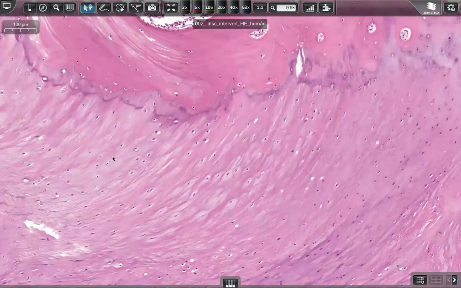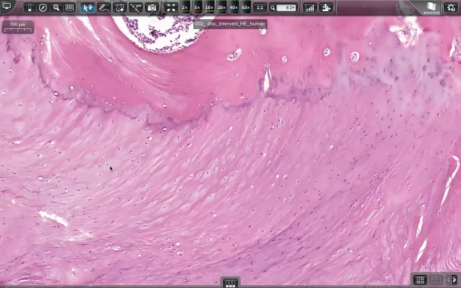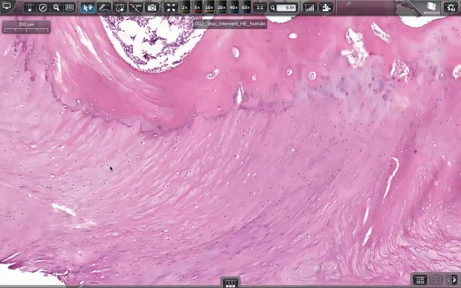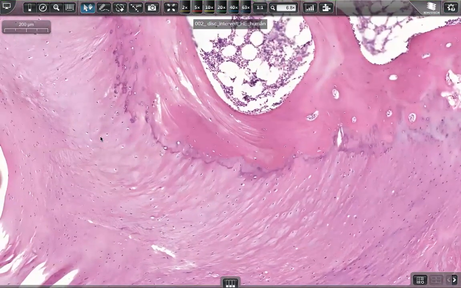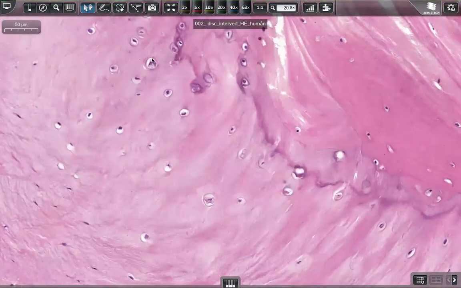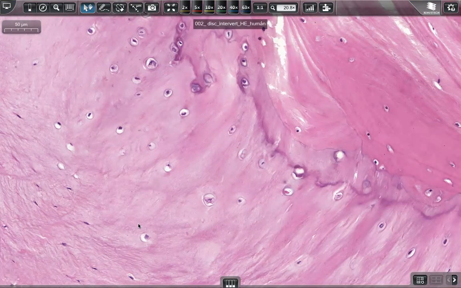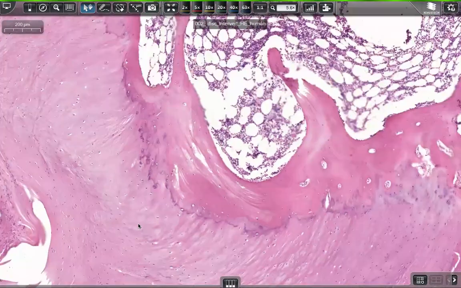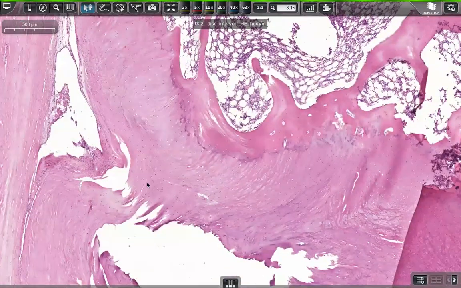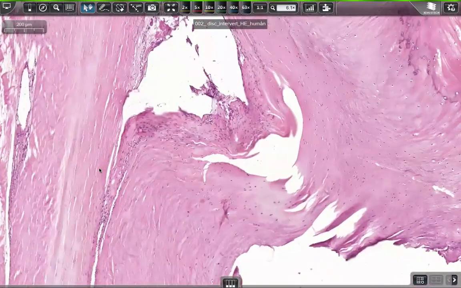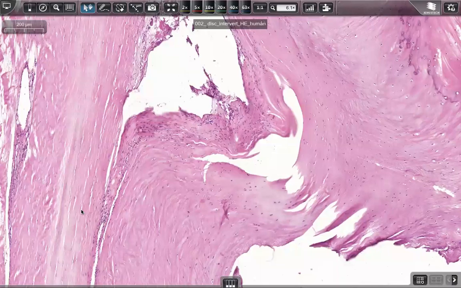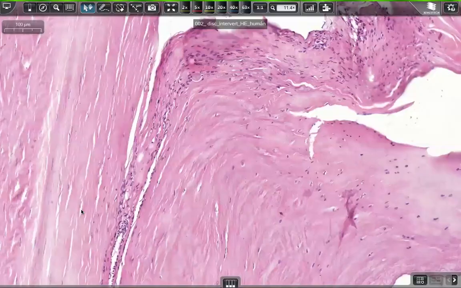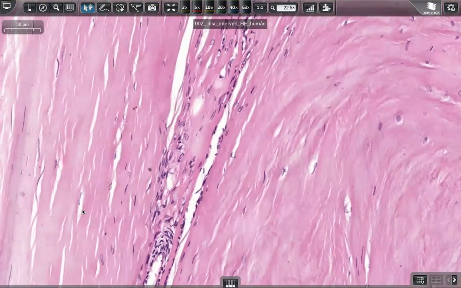And usually the cells are located alone in this kind of holes, in this kind of lacunae, called chondrons in this type of cartilage. Here we have maybe two, but they are not real chondrons, just chondrocytes in lacunae. So this is a fibrocartilage tissue, and close to the fibrocartilage here, when we can see the connective tissue surrounding the intervertebral disc, we can see real connective tissue here.